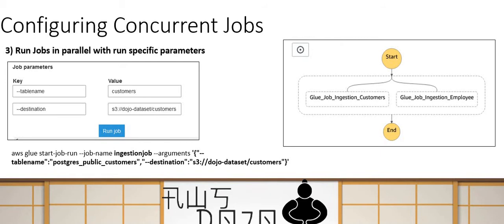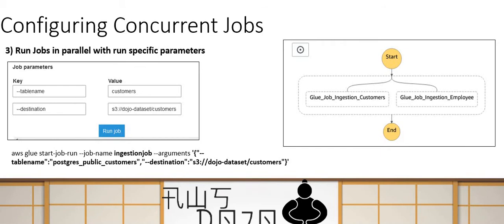So you can run the job either from the console, or from the CLI, or from a workflow defined in a Step Function or Glue workflow, and in all three methods you can pass the parameters, specific parameters for that run, to let the same job do different types of data ingestion for you.